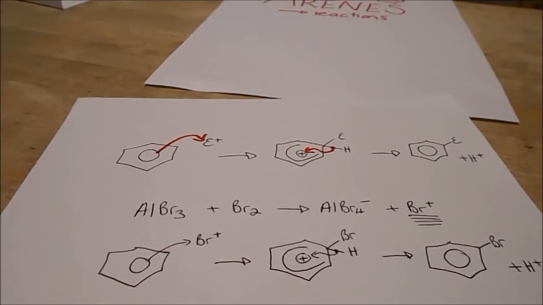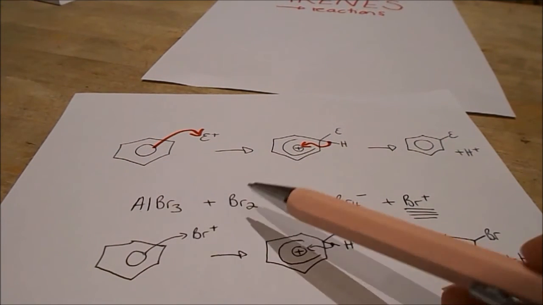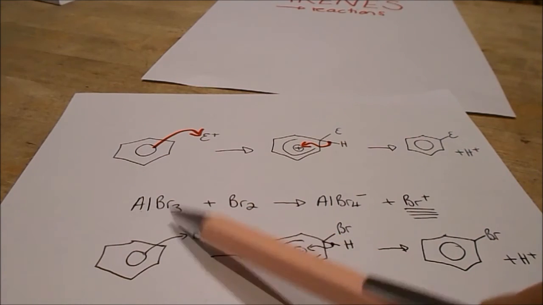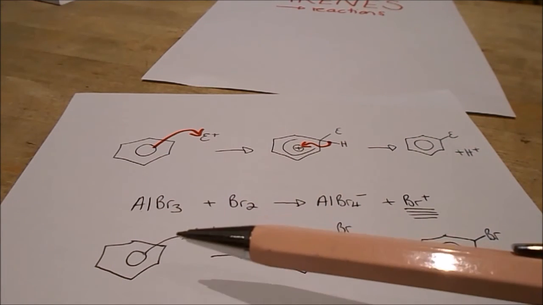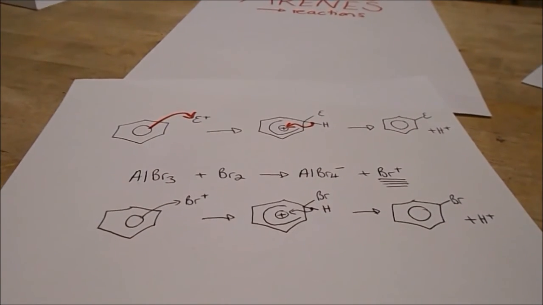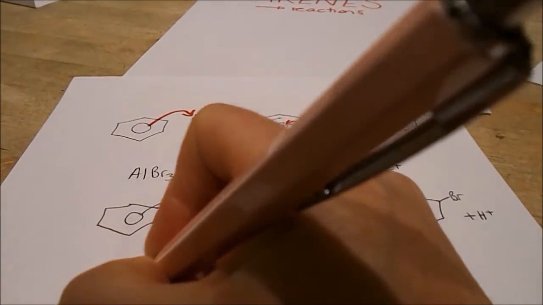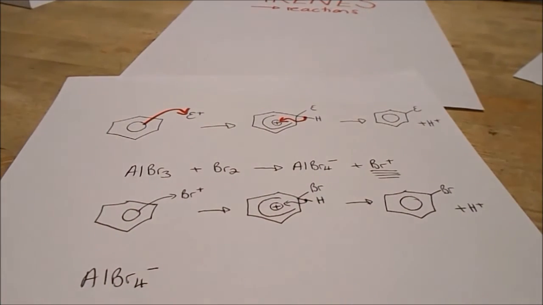Now I said earlier that we need a catalyst. We wanted to react with bromine, so we brought in our aluminium bromide, and that is the catalyst. What we now need to do is show that it's behaved as a catalyst. In our generation of the electrophile up here, we formed AlBr4-, and what we can now do is bring that in and allow the catalyst to be regenerated.